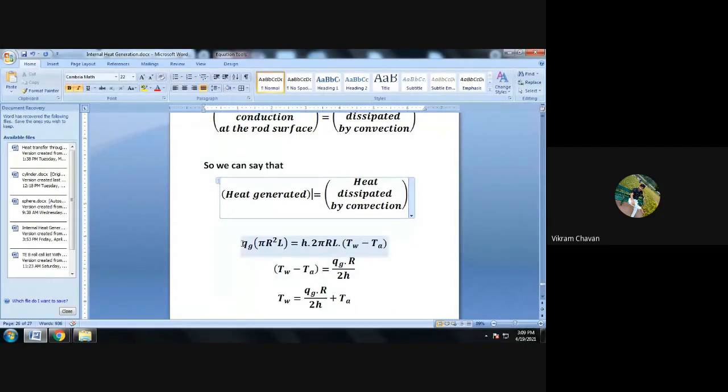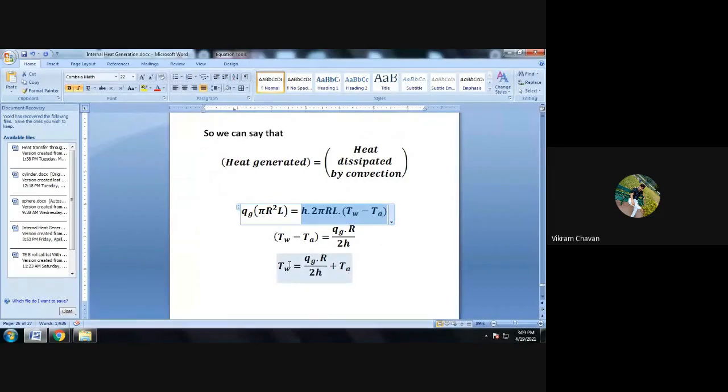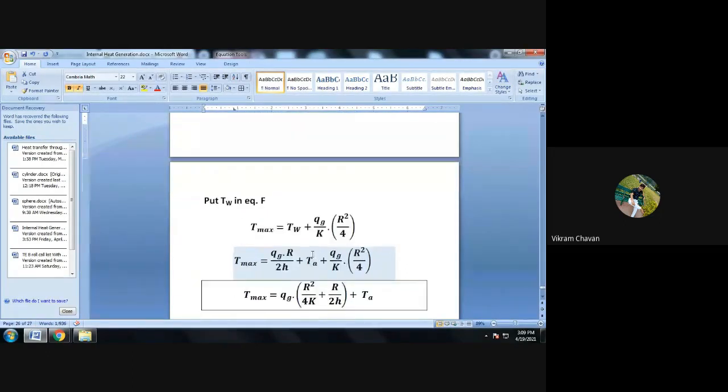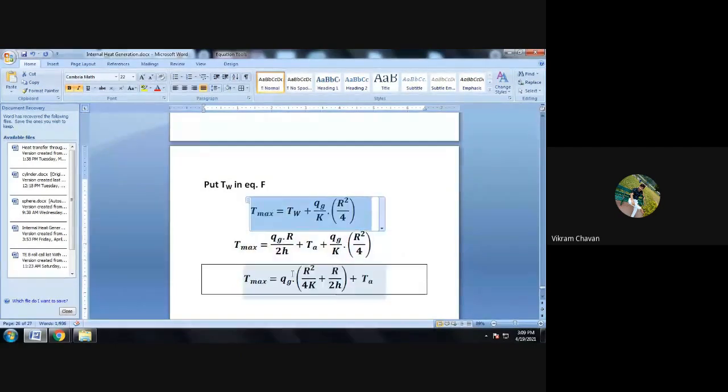Heat generated is Qg multiplied by volume, pi r square L, and heat dissipated by convection is H multiplied by A multiplied by delta T, where A for the cylinder is 2 pi RL, and the temperature difference between the surface of the rod and the environment is Tw minus Ta. From that we can calculate Tw, and we have to replace that Tw in the T max, and we will get the T max temperature.